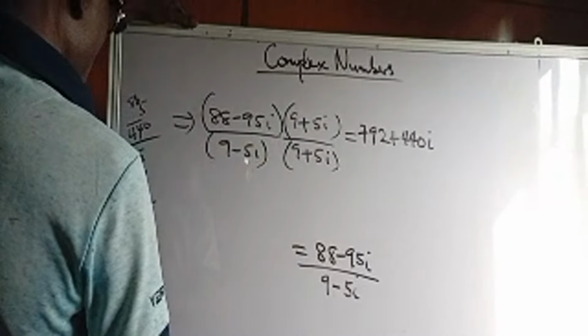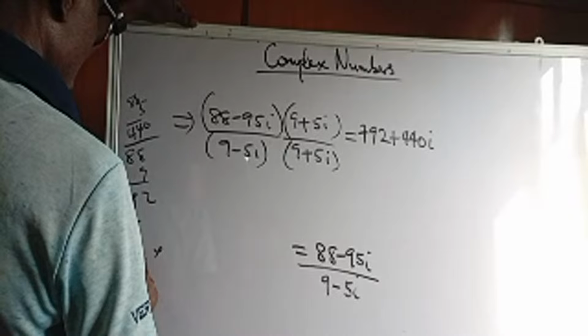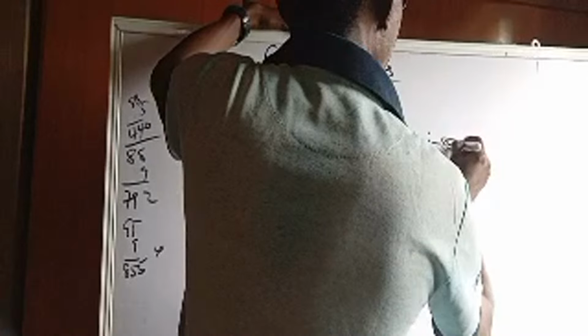Then 95 times 9 is 855. So minus 95i times 9 is minus 855i. Good.